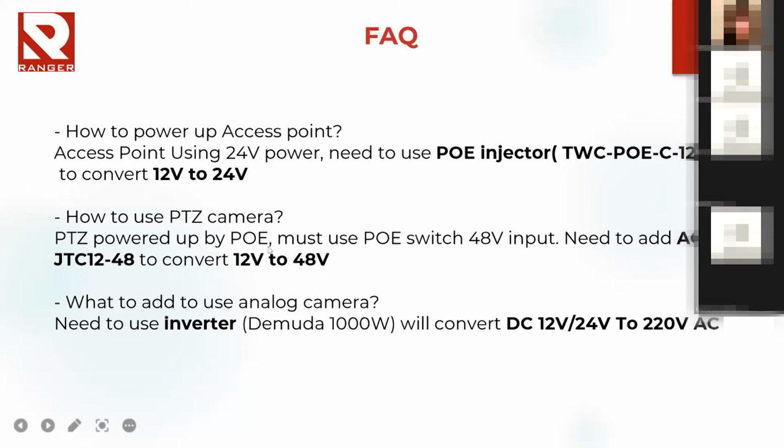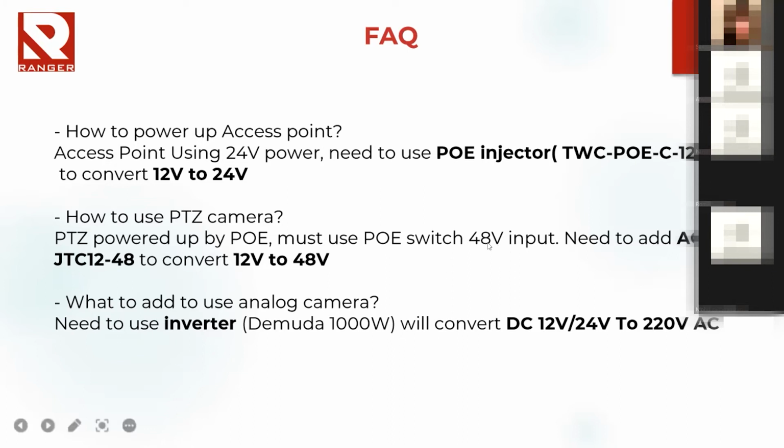Okay, for PTZ camera, if the customer wants to use a PTZ camera and access point solution, the output from the MPPT is 12 volt. PTZ must use a PoE switch, and a PoE switch normally takes 48 volt input.